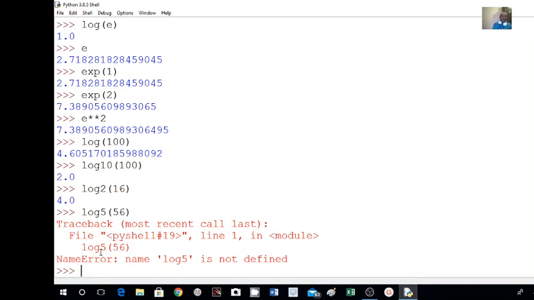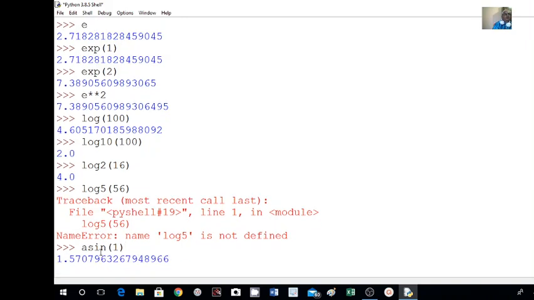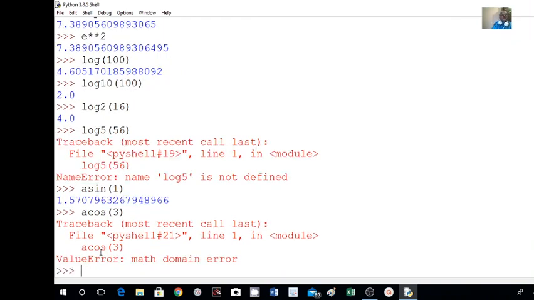Similarly, for the inverse functions, I can go for sine. The inverse sine function is asin of say 1.57. Then acos of say 3, the math domain error comes, because the cos value is a bounded function that lies between -1 and +1.